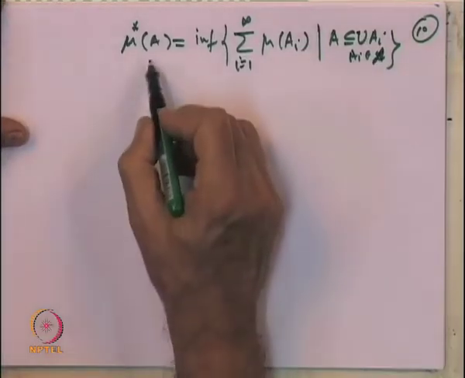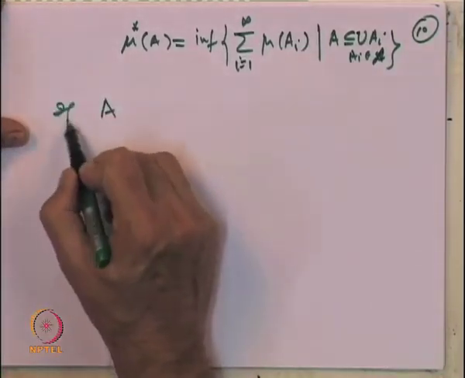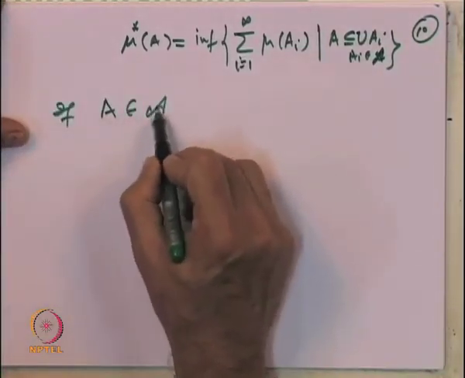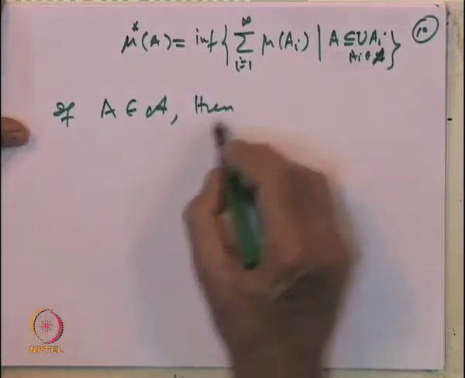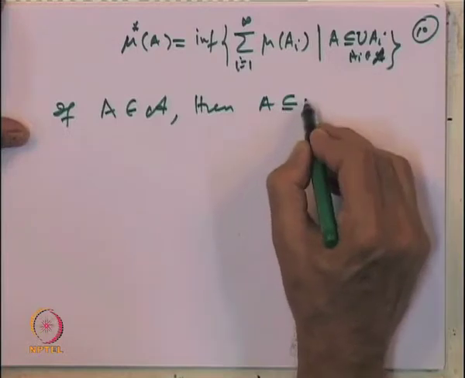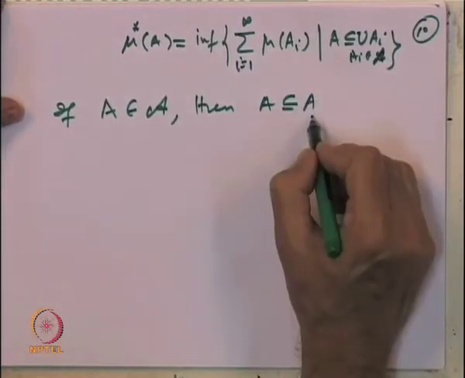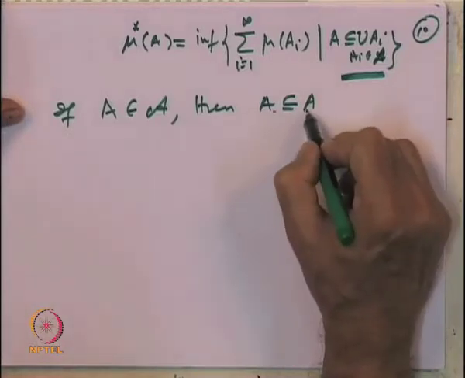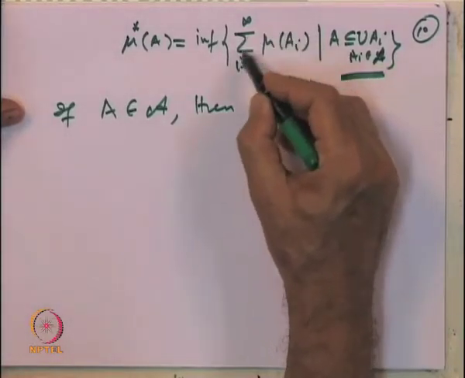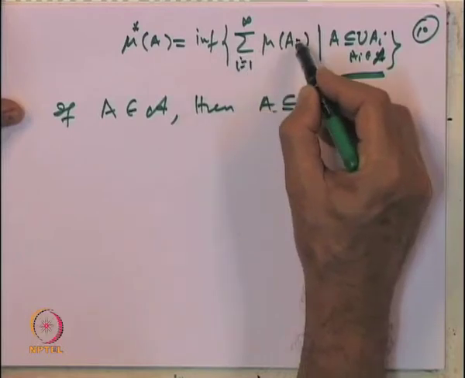Now, if A belongs to the algebra, then A is contained inside A. So, this is one of the elements here in this covering, A itself covers it. So, it will appear as one of the elements over which you are going to take the infimum.